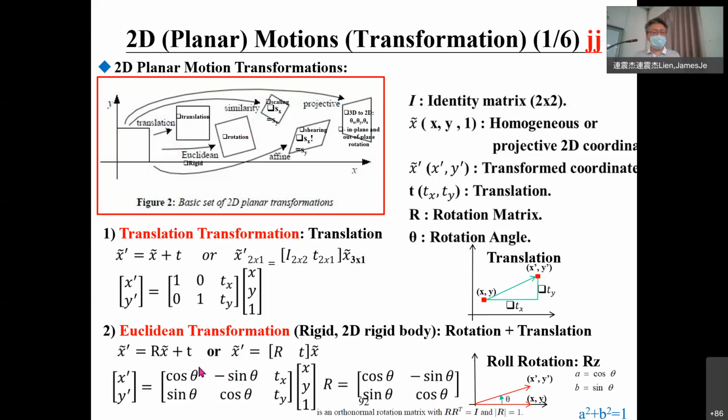This is the rotation, and this is the translation. Why do we call it rigid? Rigid means solid, it does not deform. Non-rigid means flexible, with deformation. So there are rigid objects and non-rigid objects.